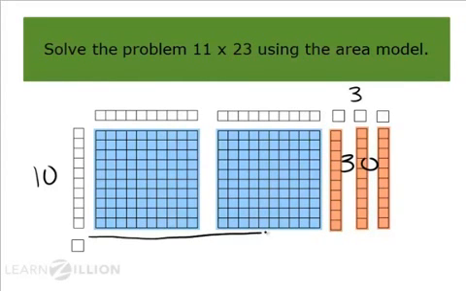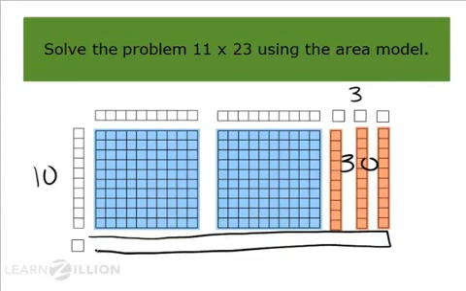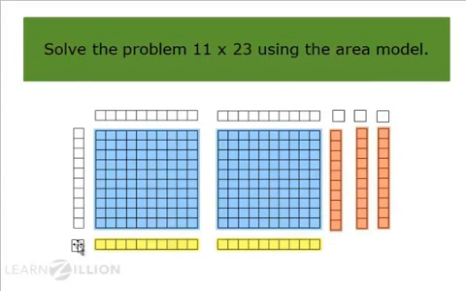We just have to fill in our bottom portion here. I see that 1 times 20 is equal to 20. And then finally, we fill in our last area, and we say that 1 times 3 is equal to 3. Now we have our entire rectangle filled in.